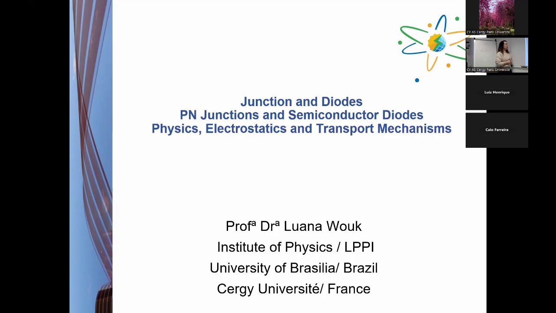So we know that the junction is the term that we use when we have two materials joined. It doesn't need to be two semiconductor materials. We can also have a junction of, for instance, a metal and a semiconductor material.